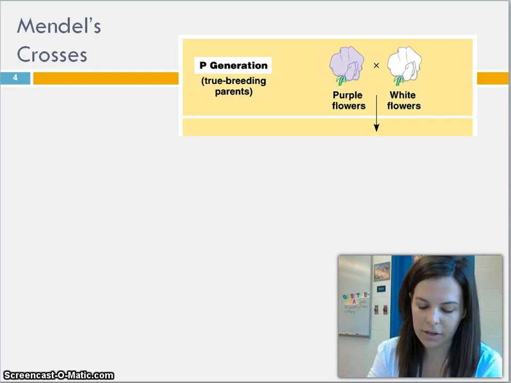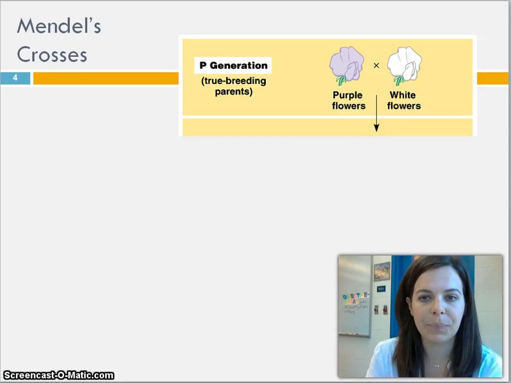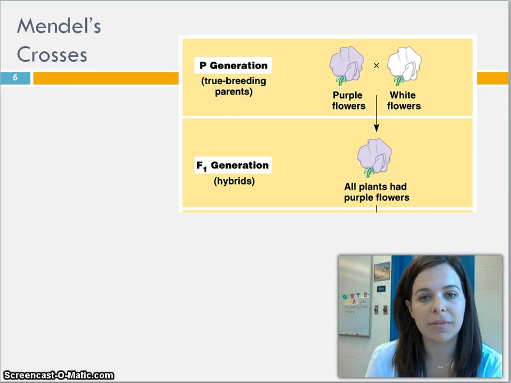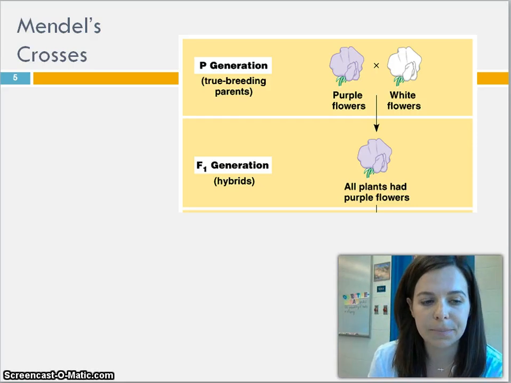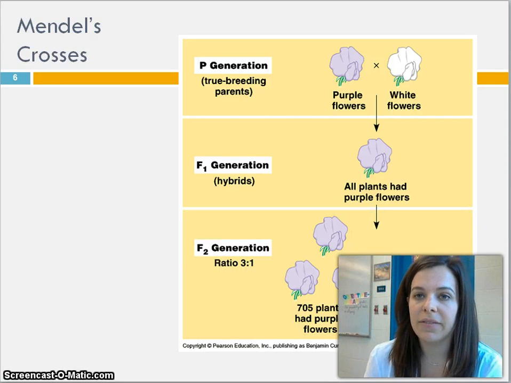In the parent generation, and this goes on the right side of your sheet, he took purple flowers and white flowers and he crossed them together. Then in the F1 generation, he saw that all plants had purple flowers, even though they were hybrids. In the F2 generation, he found a ratio of 3 purple flowers to 1 white flower.